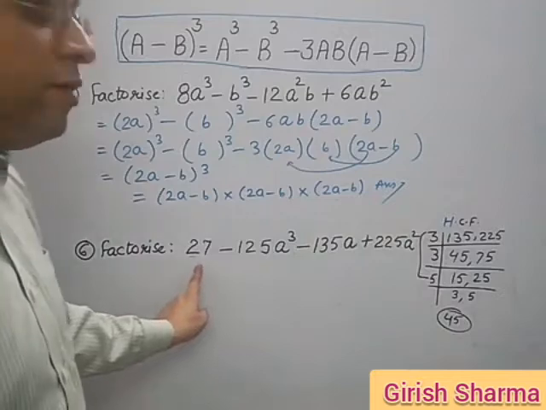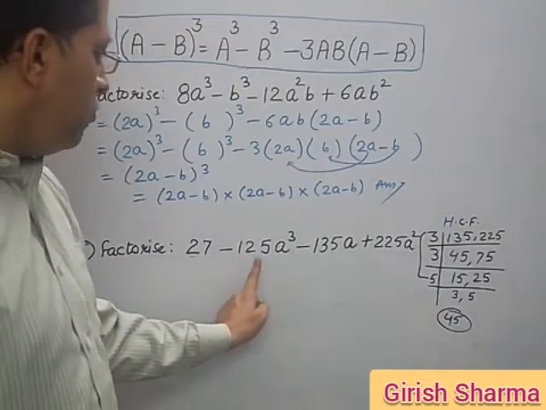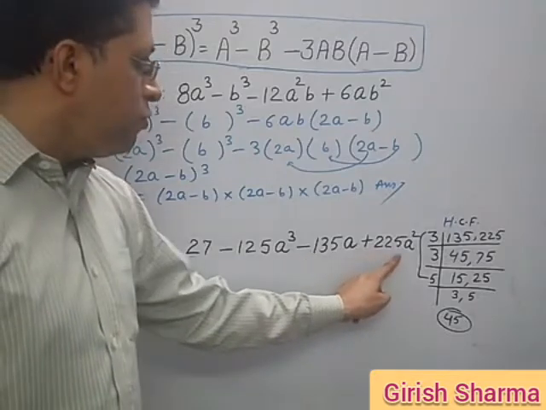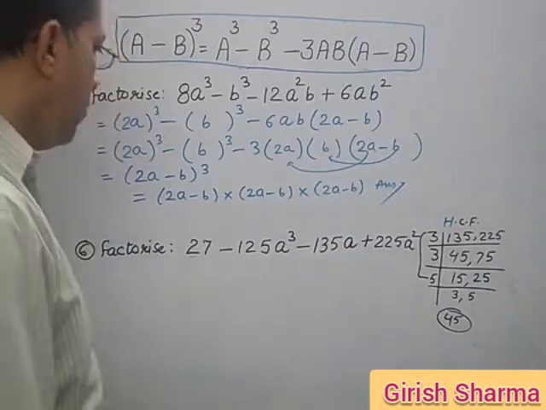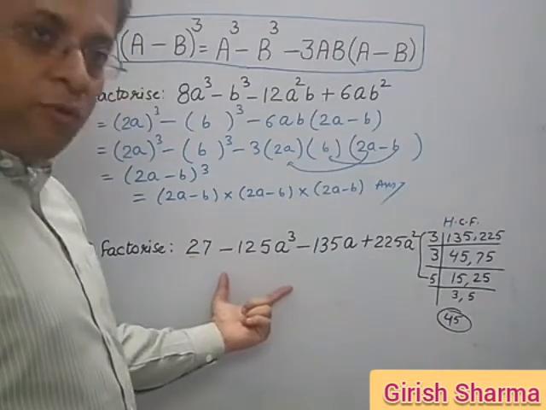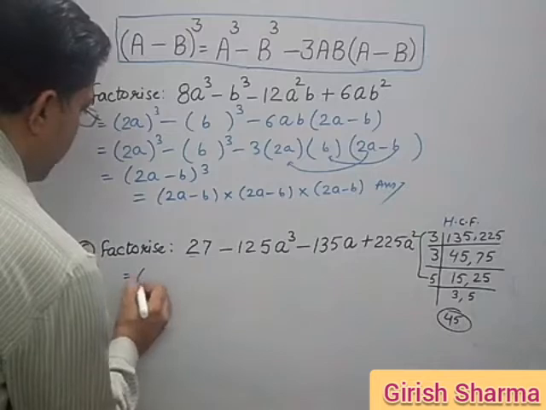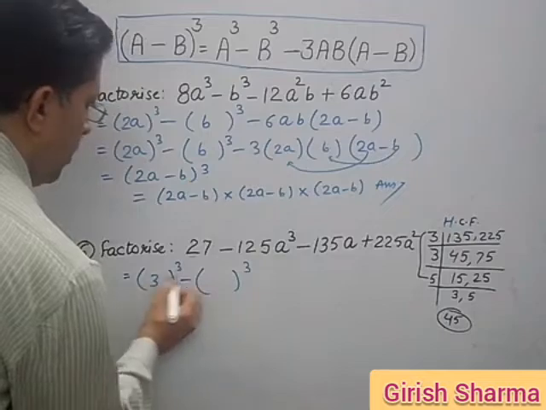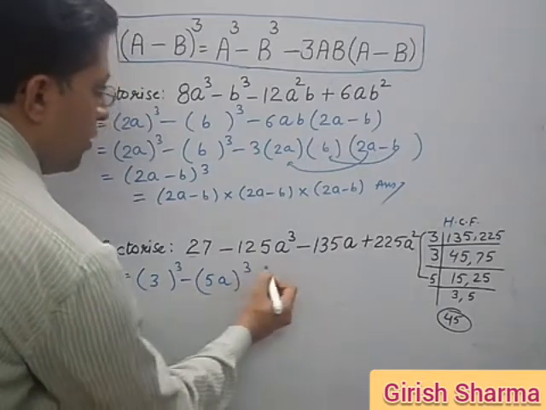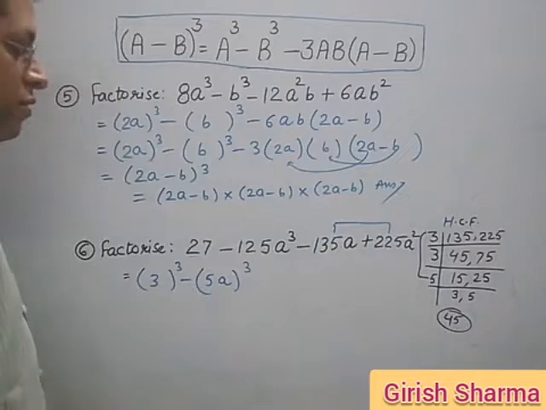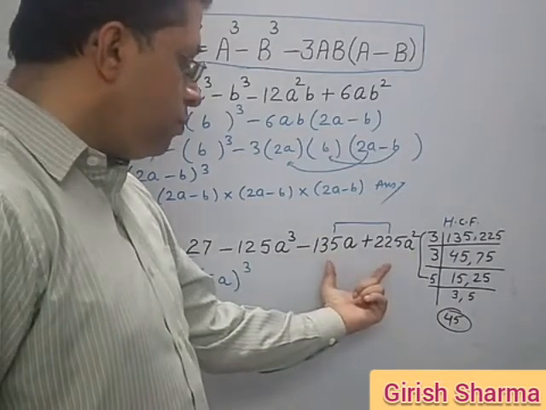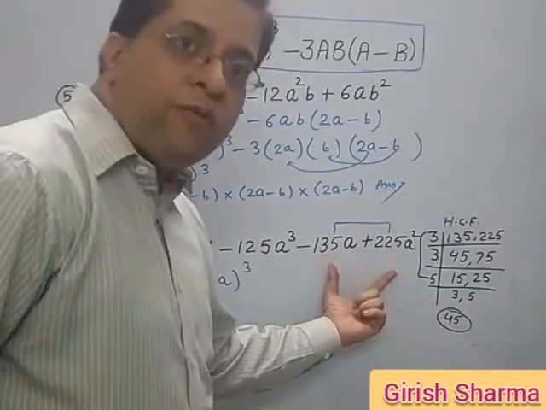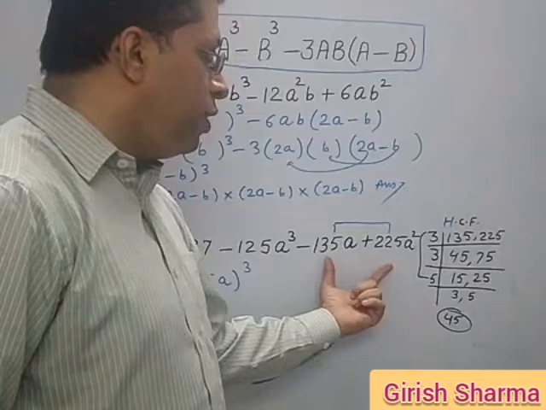One more question we are doing. Factorize 27 minus 125a cube minus 135a plus 225a square. You see clearly these two terms are cubic terms, so convert them to a perfect cube. This is 3 cube and this is 5a cube. And what is the HCF of these two? What can I take common from 135 and 225?